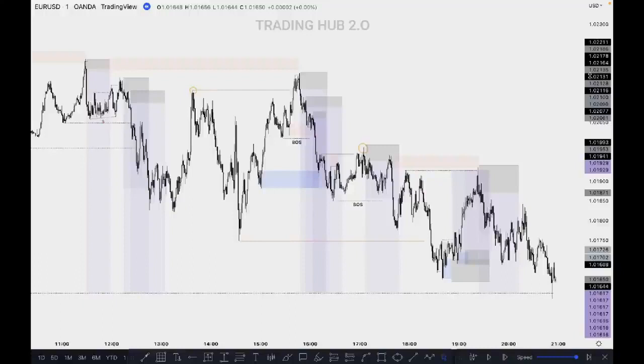In this case M15 is major structure, M5 is minor structure, or you can say medium structure, and M1 is for the lower time frame entries. So basically these 3 time frames are enough for a day trader, and this will help you a lot to understand how we can stack multiple positions and how you can trade counter trend.